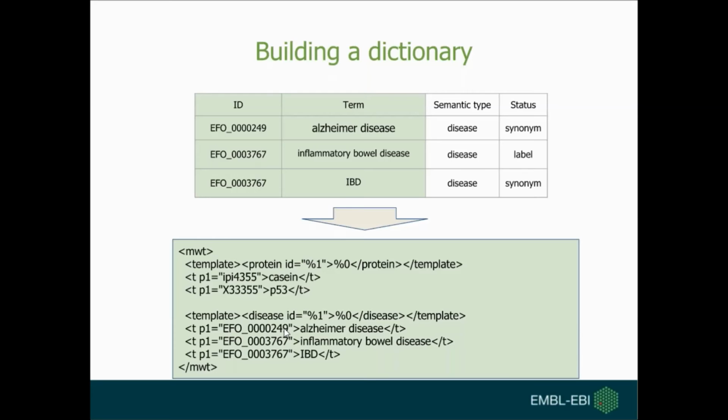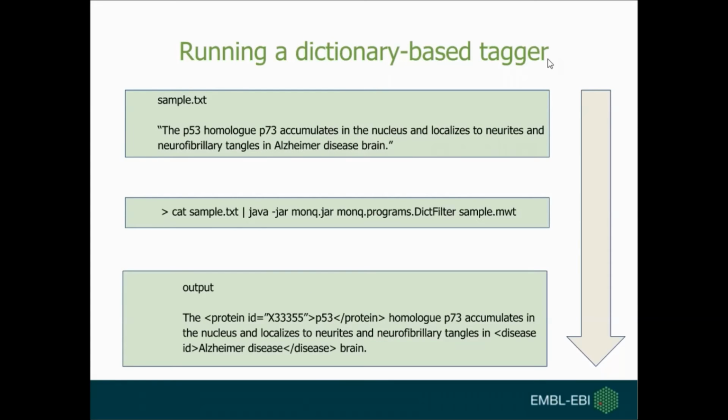from this table. For example, we put Alzheimer's disease with the corresponding EFO ID. And we did the same for inflammatory bowel disease and IBD with a different EFO ID. Once you build your own dictionary, you can run your dictionary-based tagger against a sample file.